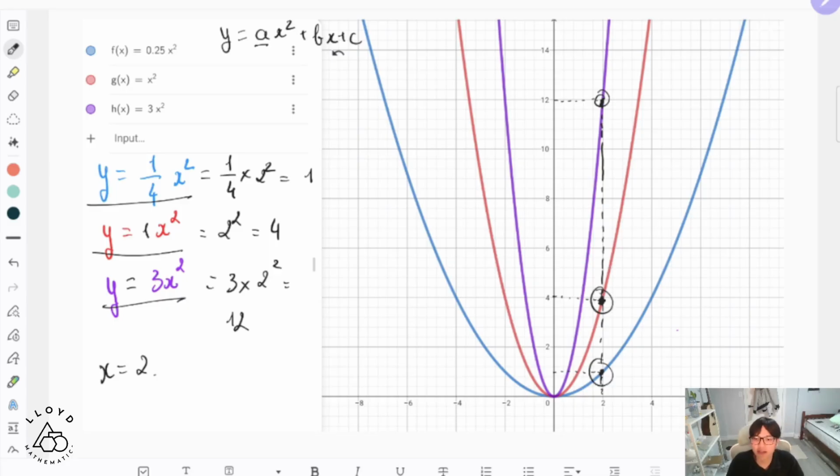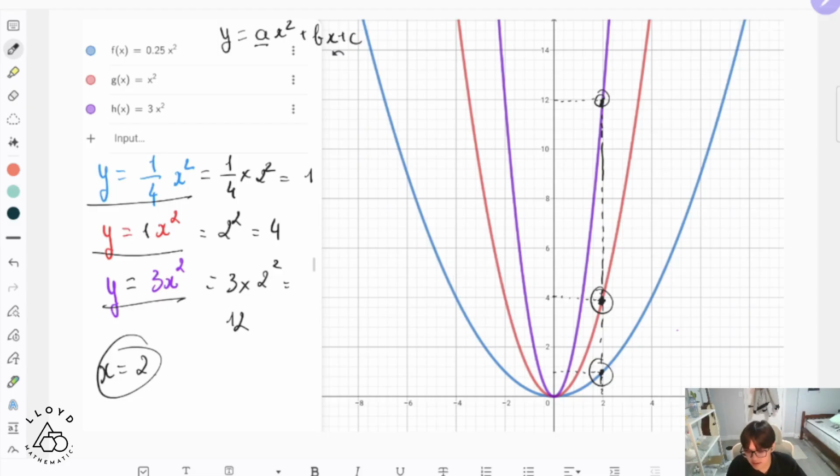With this example, at x equal to 0, everything is just 0. But whenever x increases to 2 or another number, higher or lower, the purple graph seems to increase faster than the others, and the blue one increases at the slowest rate.